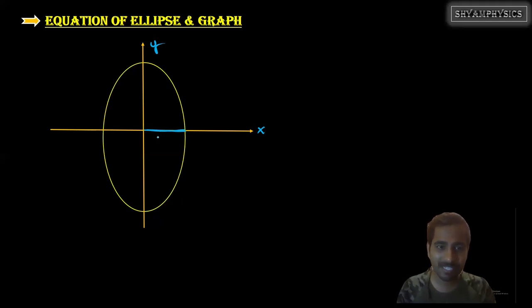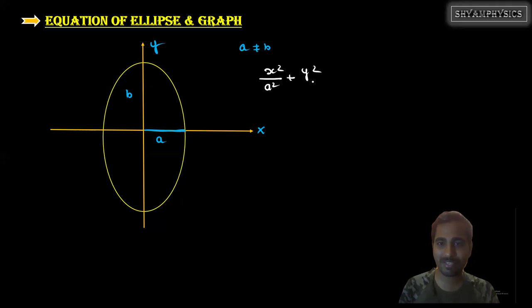On the x-axis I'm taking its radius as a, and on the y-axis I'm taking its radius as b. Here a is not equal to b. In these cases, we write the equation of the ellipse as x square by a square plus y square by b square equals 1.